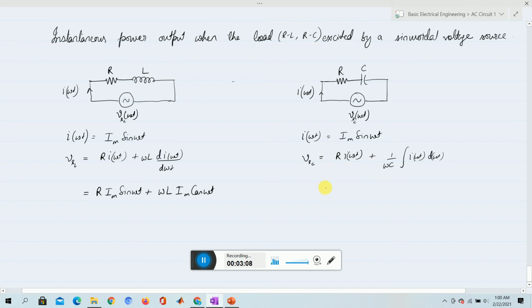So this term will finally be R Im sine of omega t, and the integration of sine omega t is minus cos omega t, so we can write minus 1 by omega C cos of omega t.